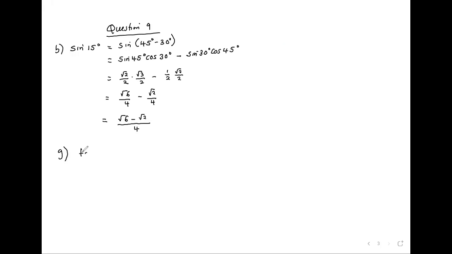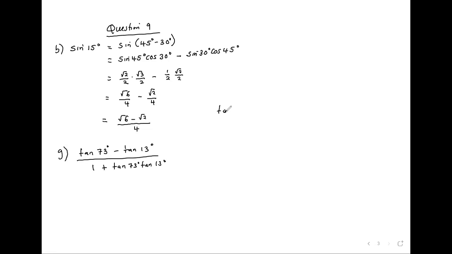G is tan 73 minus tan 13 over 1 plus tan 73 tan 13.